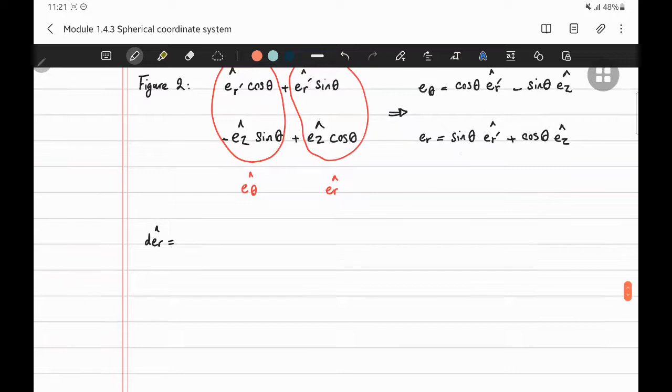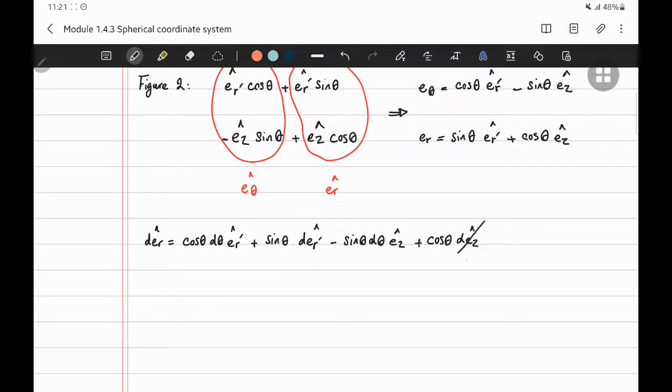So I have sine theta. If I just differentiate with respect to theta, I get cosine theta d theta er prime plus sine theta, and we have to differentiate this, so we have d er prime, plus cosine theta, so it is minus sine theta d theta ez plus cosine theta d ez.